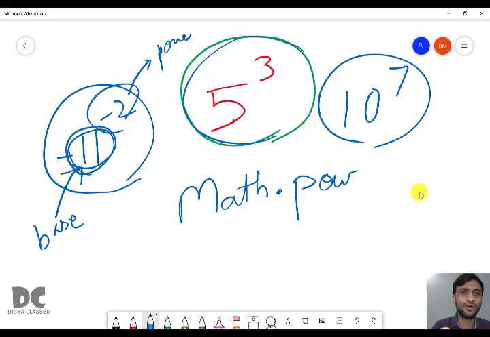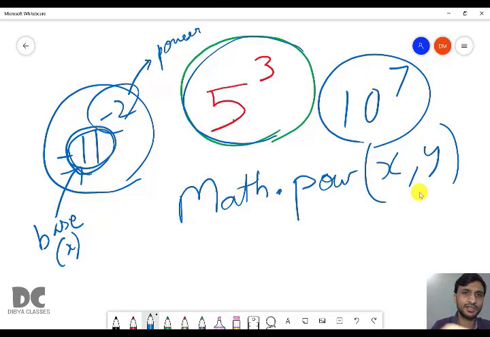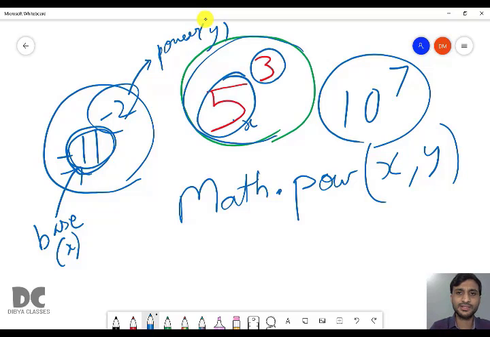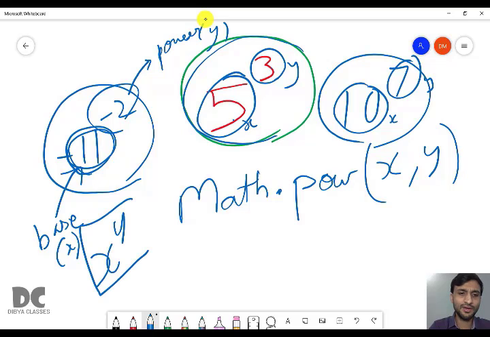If you want to find the power of a number, you have to use the function Math.pow(x, y). The base is x and the power is y. So x to the power y: whatever is given, you have to write Math.pow(x, y).